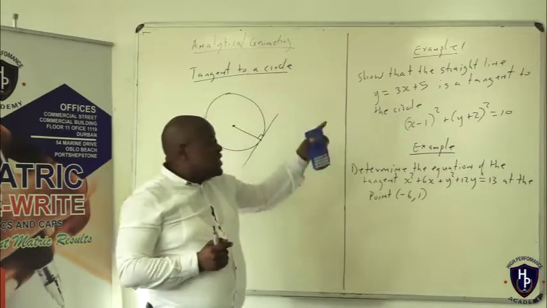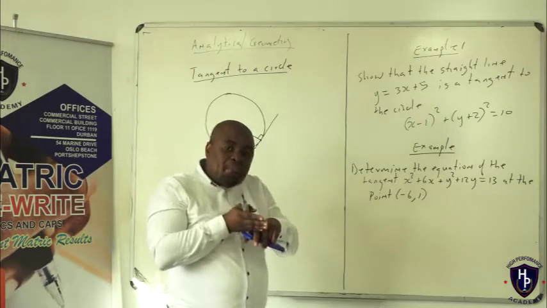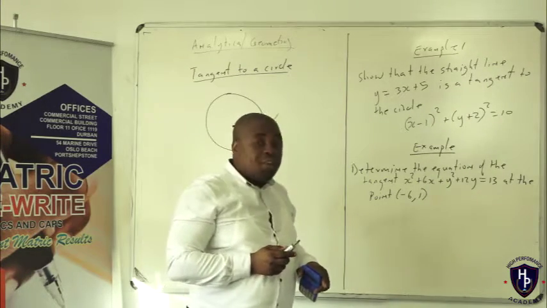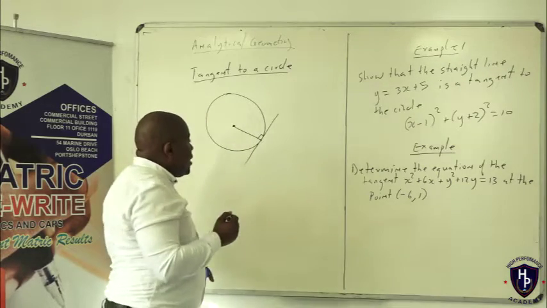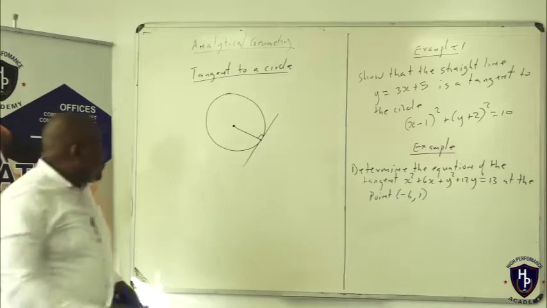Remember, for this straight line to be a tangent, it must intersect at one point. So when we try to find the values of x, we must find one value of x. Let's check in this case.